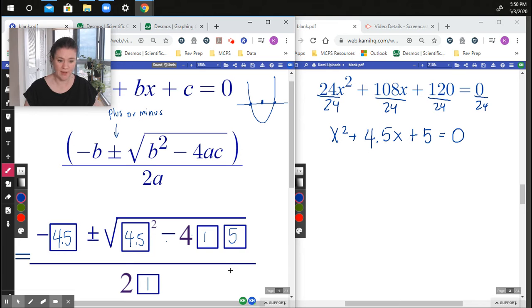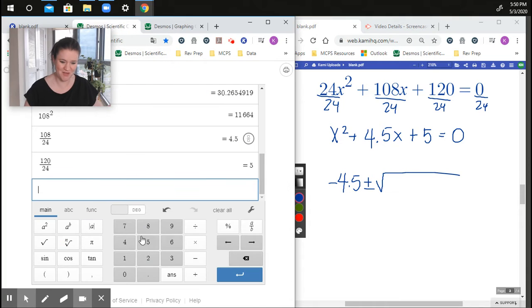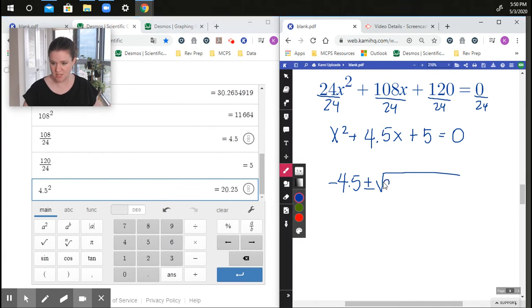See what happens, right? All right, so negative 4.5 is just going to hang out, plus or minus the root of 4.5 squared. Maybe it's not wonderful, maybe it's not easy, but you have a calculator. 4.5 squared is 20.25, right?